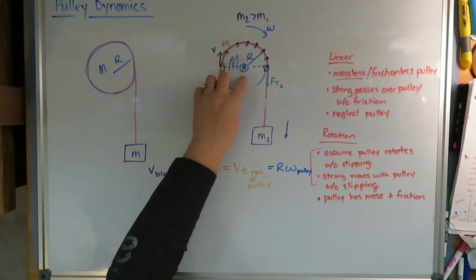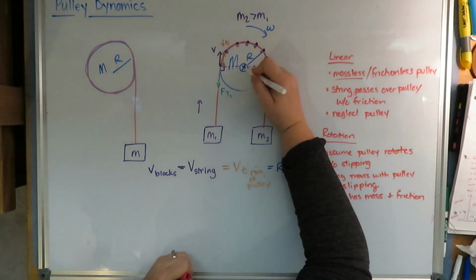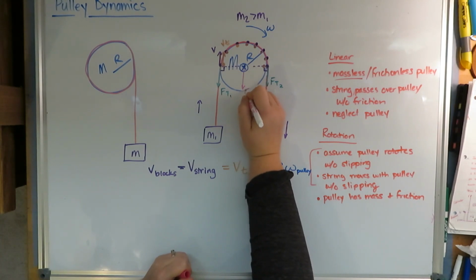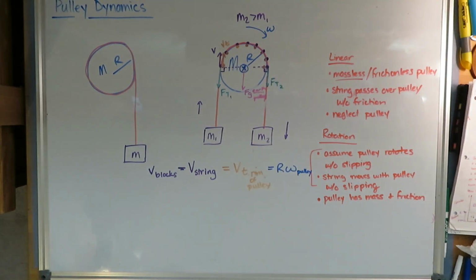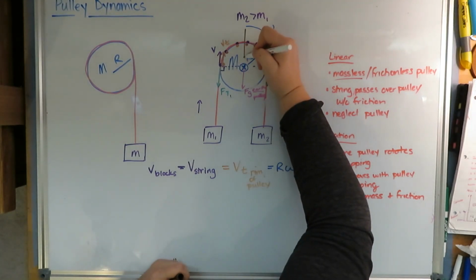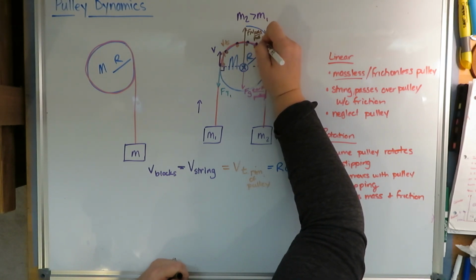Now the pulley is going to have a normal force with its axle. It's also going to have a gravitational force. So there's going to be a gravitational force of the earth on the pulley. There is going to be a normal force of the axle on the pulley.